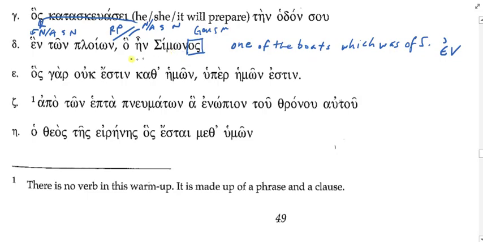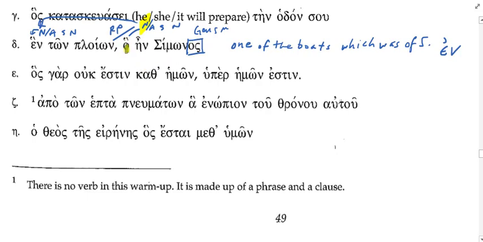Okay, so let's go back. Is this the nominative or the accusative form of the relative pronoun? It's the nominative. Why? It's the subject of ēn. What was Simon's? The boat was Simon's, right?